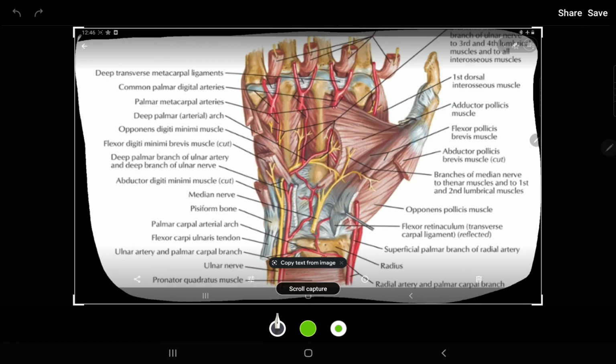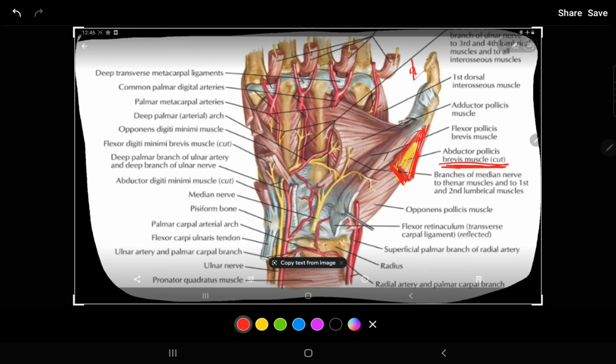Yes, you can see that these muscles I am marking with yellow. Yellow is not prominent here. This red is the cut section of which muscle? Yes, abductor pollicis brevis. This is your pollex or thumb.